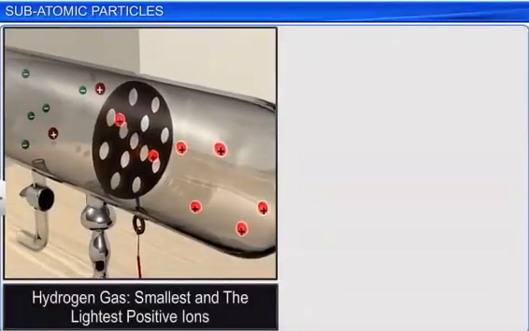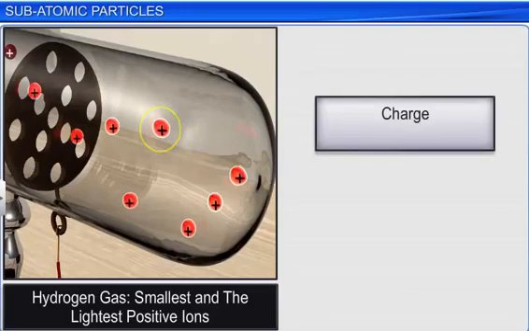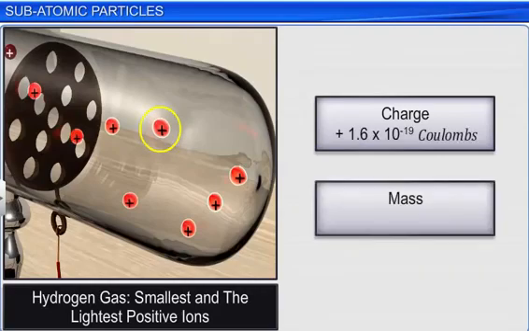Hydrogen gas produced the smallest and the lightest positive ions, with the magnitude of charge same as that of an electron, but with the positive charge, that is, +1.6 × 10^-19 coulombs, and a mass that was found to be similar to that of a hydrogen atom, that is 1.67 × 10^-24 grams.